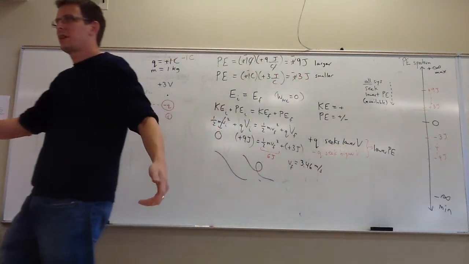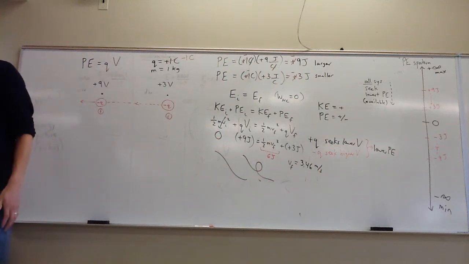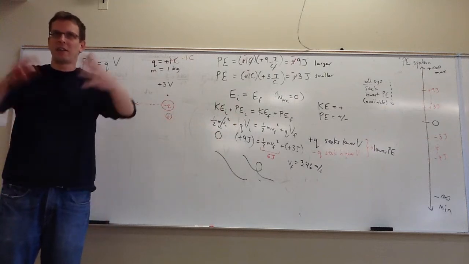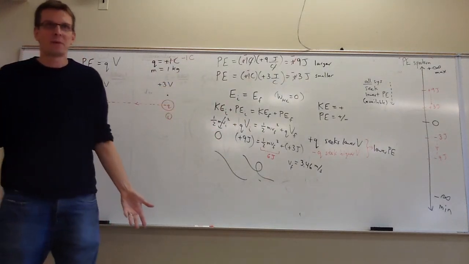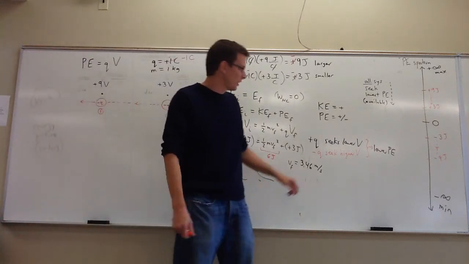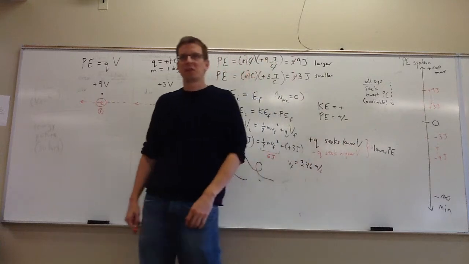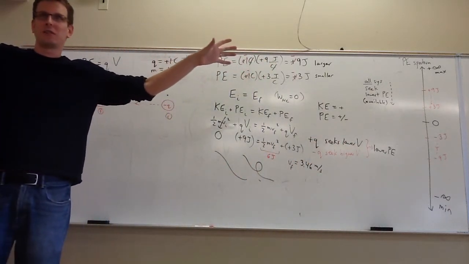So the analogy I have for you here: everybody seeks lower potential energy. That's like everybody wants to be happy, right? I'm taking that as a universal thing. Now, how you achieve happiness is a different story. Some people, just like a positive charge seeks lower voltage, want to give up all their worldly possessions and go live on the beach.